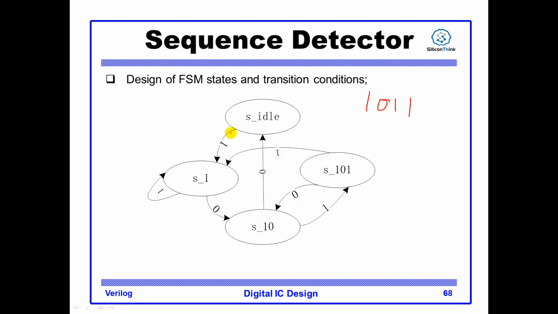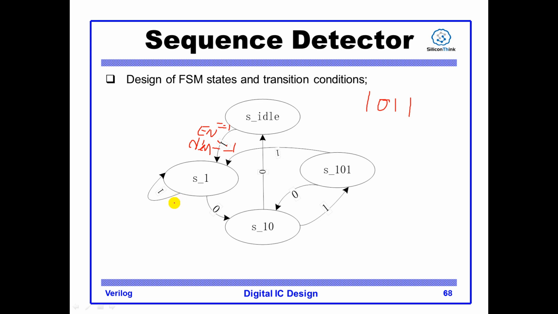When we receive a 1, change to this state, and also you need to check the value of enable. That is, if En equals 1 and D in equals 1, it will transition from the idle state to the S_1 state.